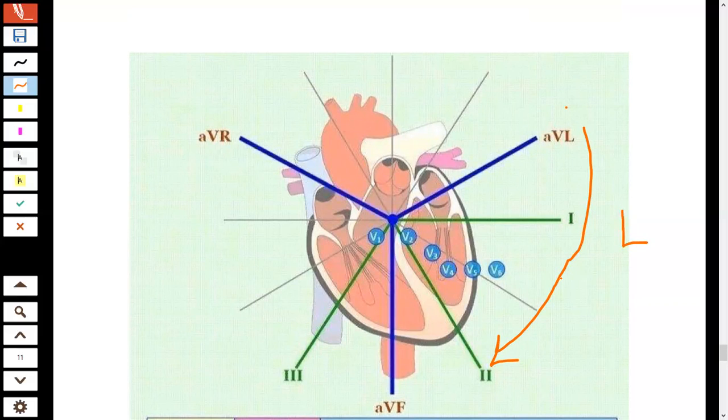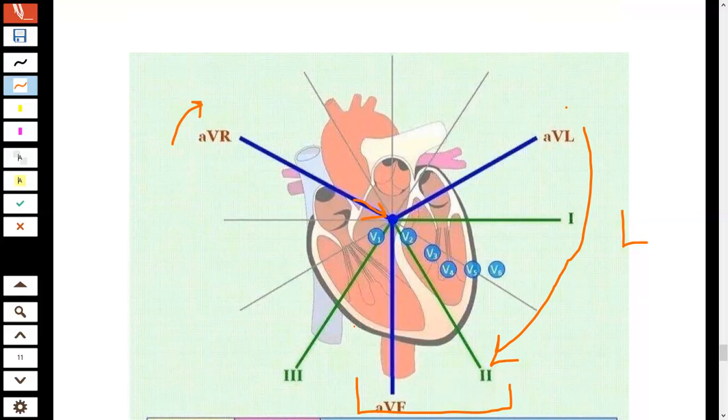And with AVF and lead 2 you can see the inferior surface of the heart. The next one is AVR, which is clearly showing you the right atrium.